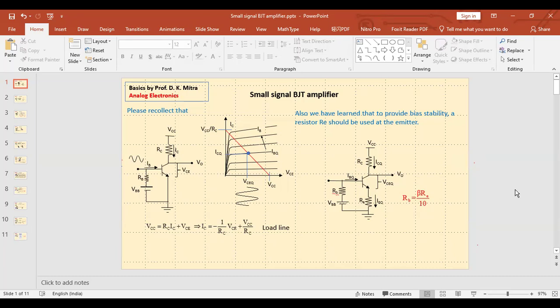And of course, in that we said that the self-biasing or potential divider biasing is the most popular. Then we learned what are the conditions, how the bias point, that means value of ICQ, changes due to temperature and other parameters of the BJT.